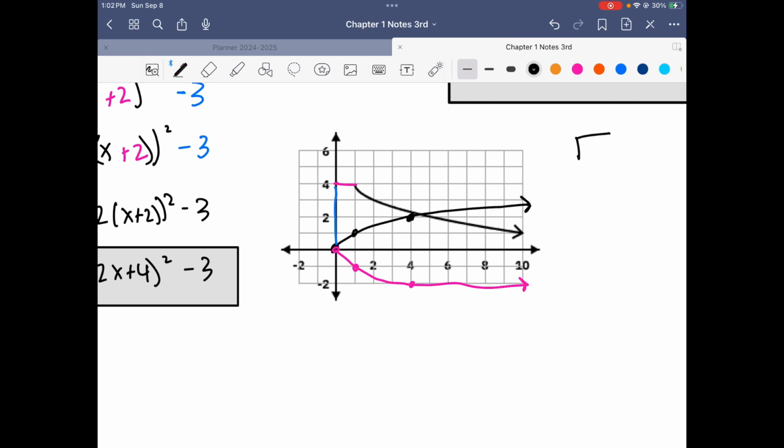So we start with the square root of x, then we recognize that it has been reflected across the x-axis, which would put a negative out in front. Then we recognize that it has been shifted up 3, and then it has also been shifted to the right 1, which would give us this equation.